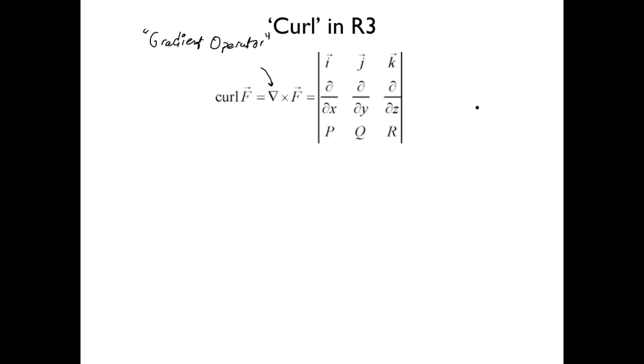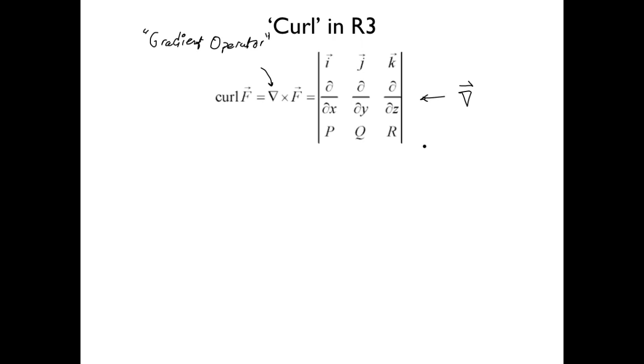So this middle line here is what we call the gradient operator. And since curl is cross product, you can calculate it using our cross product algorithm with i, j, and k as the first row, this ghost vector, this gradient operator, as the second, and then p, q, and r as the third row.